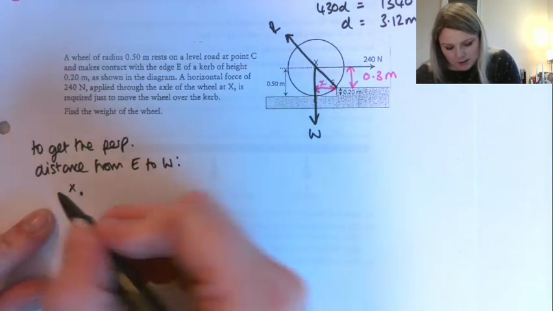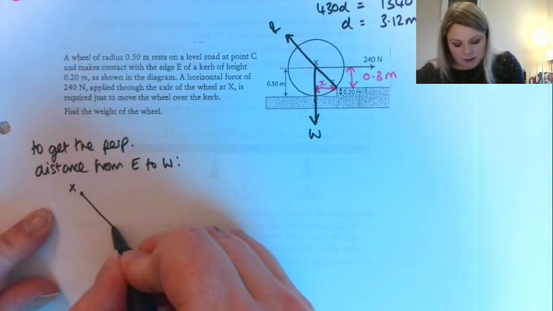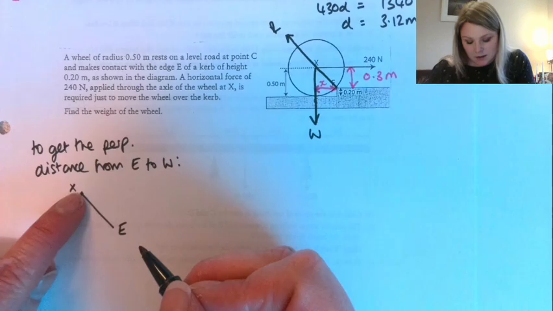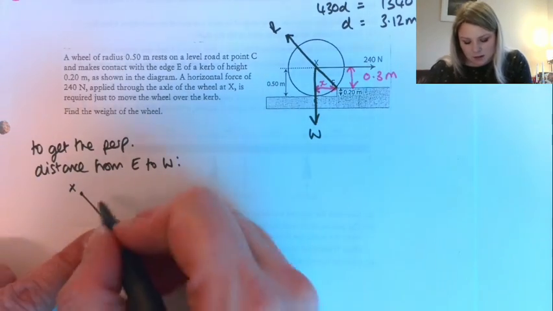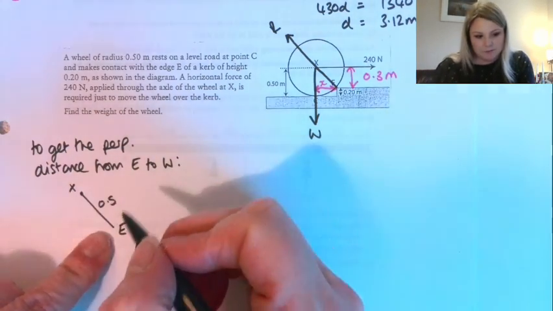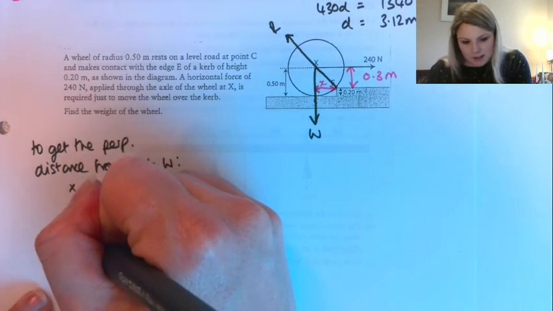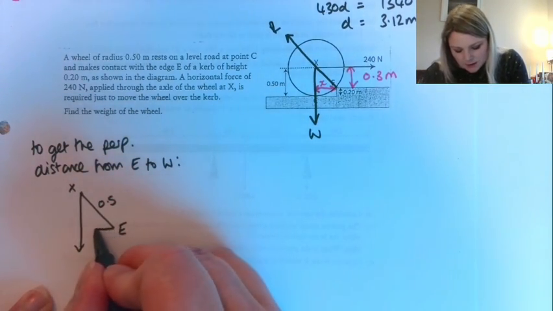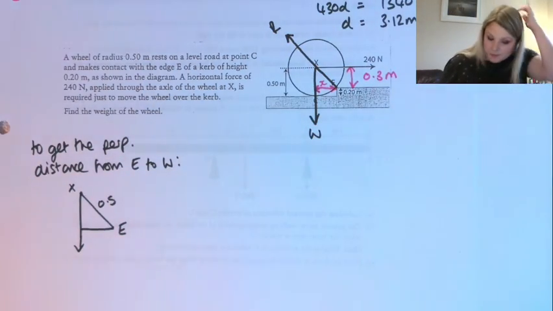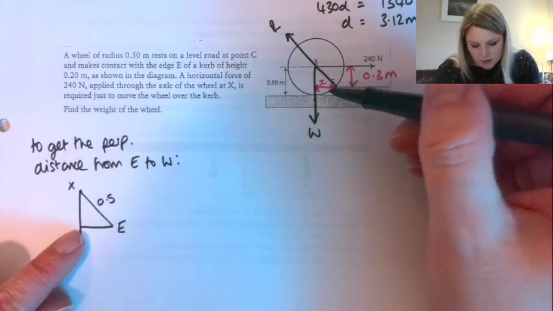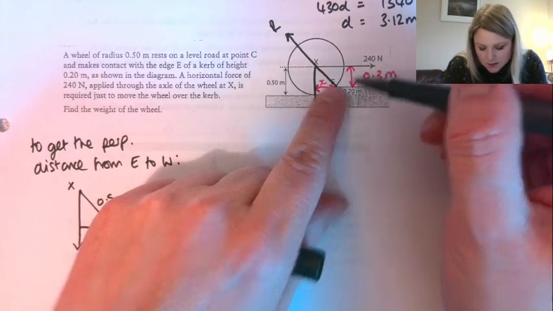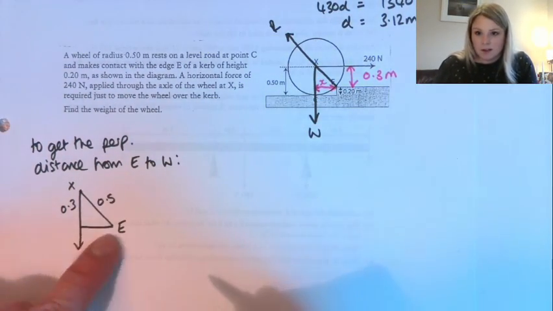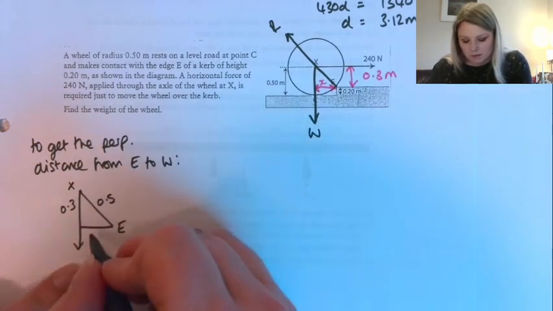Here's my point X, here's my point E, and we know that this length here is going to be the radius of the wheel, so it's going to be 0.5, and then we're going to have the weight acting down there, so it's this distance here that we're going to need. But if we look up here, this wee distance here is 0.3, so that means we can use Pythagoras to figure out this wee unknown here.